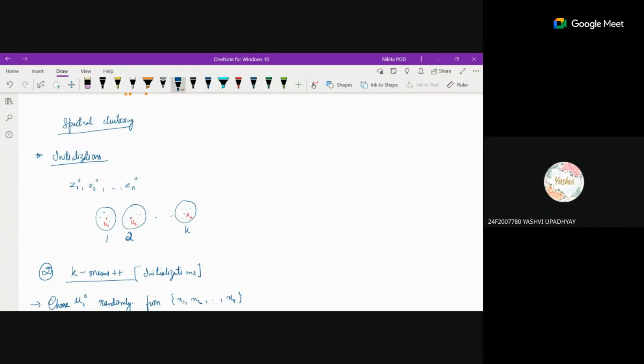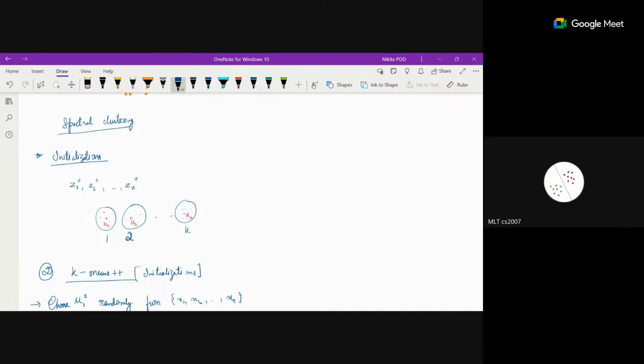Even in k-means, we are not removing it. Once you do the code for this, you should be able to see it. But I thought in k-means we are just assigning data points randomly to different clusters.